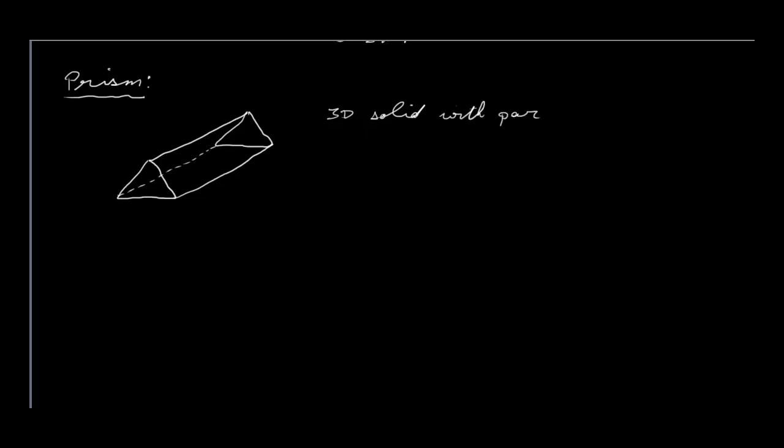It's a three-dimensional solid with parallel congruent bases. So this is going to be our base here, even though it's not actually on the ground. But you can imagine if we just turn this up so that this is on the surface and this is above the surface, then this would be our base.